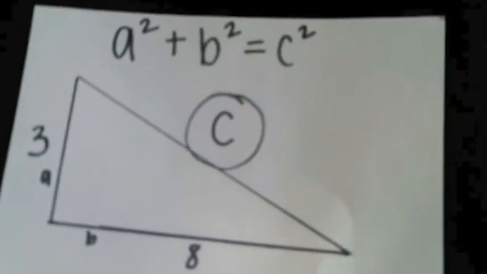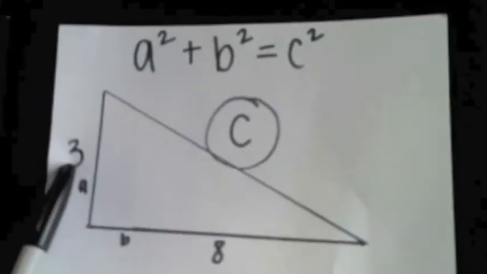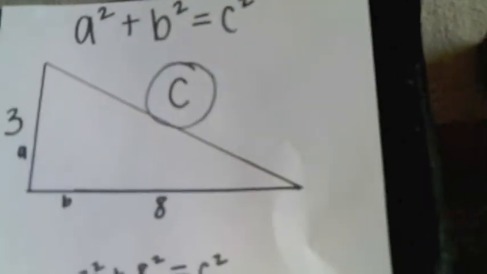What's the Pythagorean Theorem? Well, the Pythagorean Theorem is a squared plus b squared equals c squared. So in a right triangle, this is side A, this is side B, and that's side C. If side A was 3 inches and side B was 8 inches, you would use the Pythagorean Theorem to find side C. First you would plug in 3 for A and 8 for B. So that would be 3 squared plus 8 squared equals c squared. 3 squared is 9, 8 squared is 64.